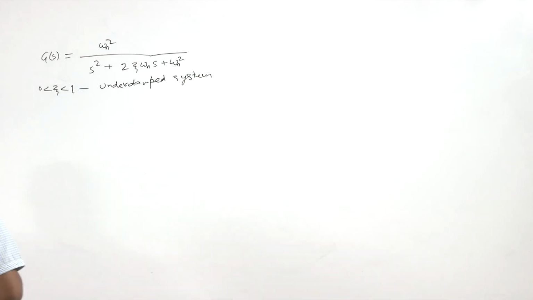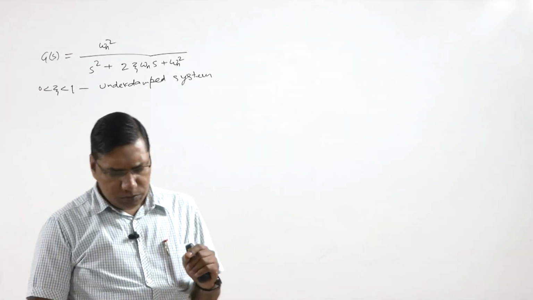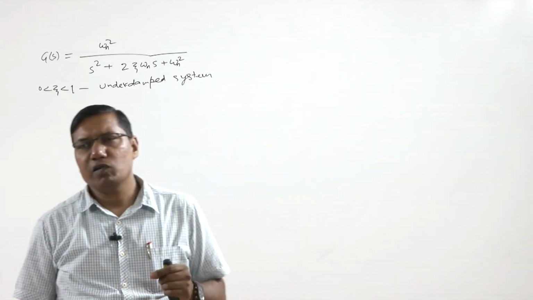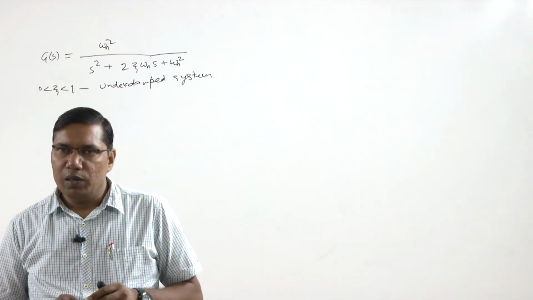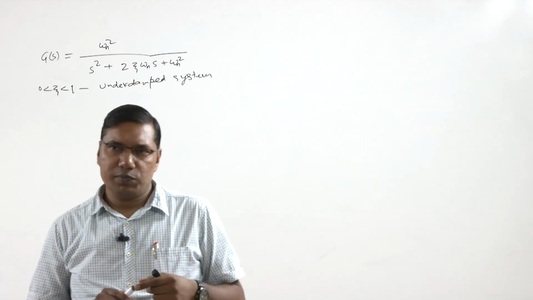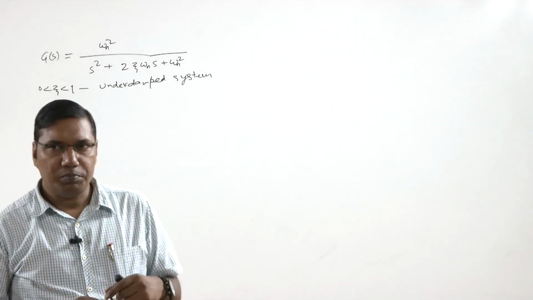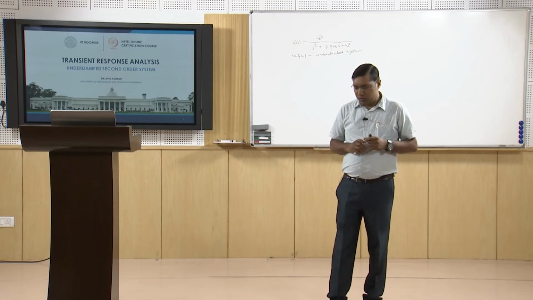Now the objective of this lecture is to find the transient response of the underdamped second order system for a step input and relate this response with the parameters of the system and the location of poles.